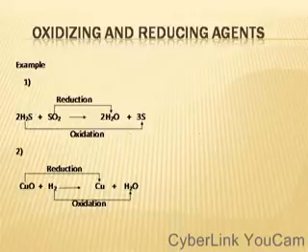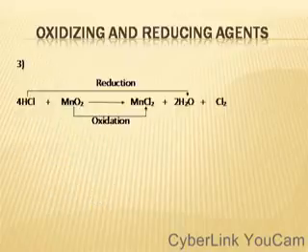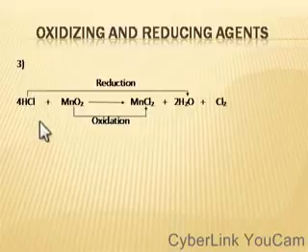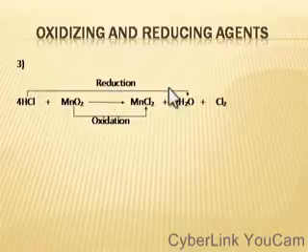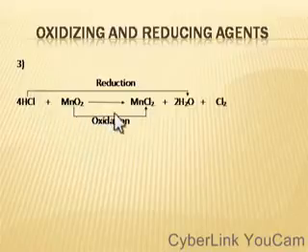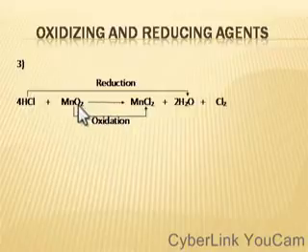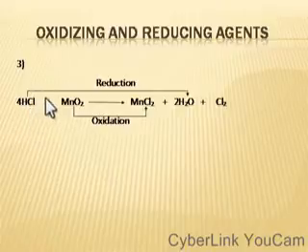Now let's go to the third example. I said from hydrochloric acid down to water is reduction, and from manganese 4 oxide to manganese 2 chloride is oxidation. Hydrogen chloride there is acting as a reducing agent, by donating electrons to the manganese 4 oxide, and itself it is being oxidized.